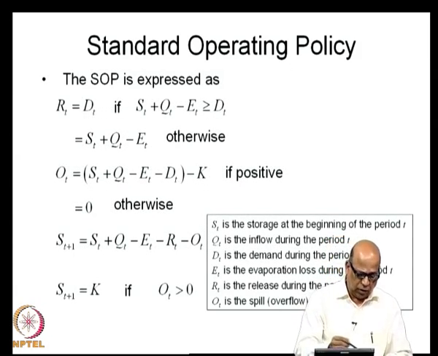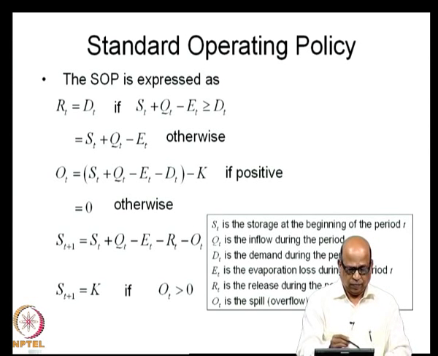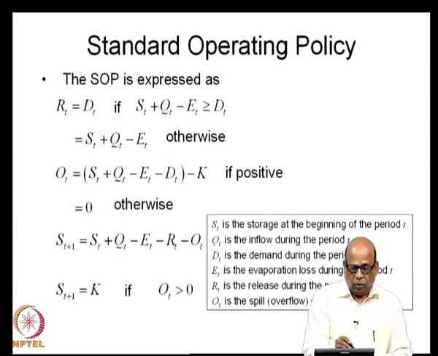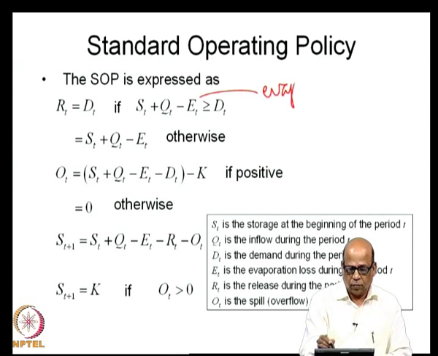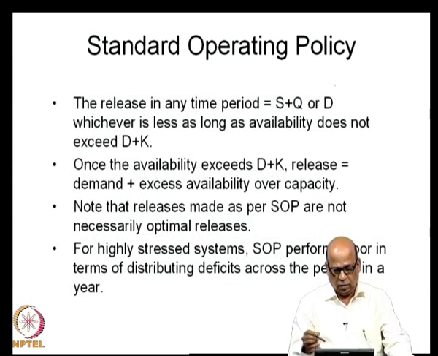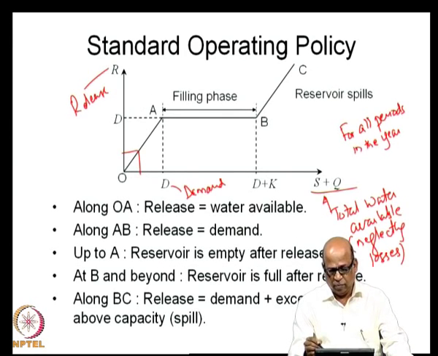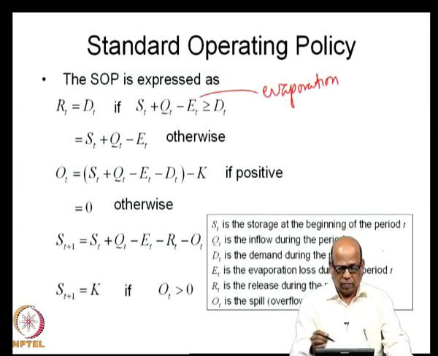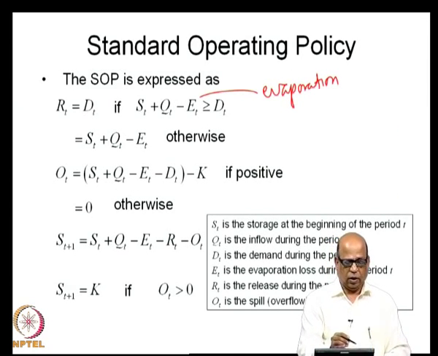Now, in mathematical notation, we write it as follows. So, if S T plus Q T minus E T, this is the evaporation, which was not included in this term here. Here we neglected evaporation, but if you include the evaporation, you can write it like this.